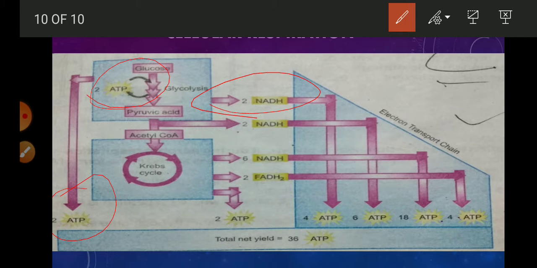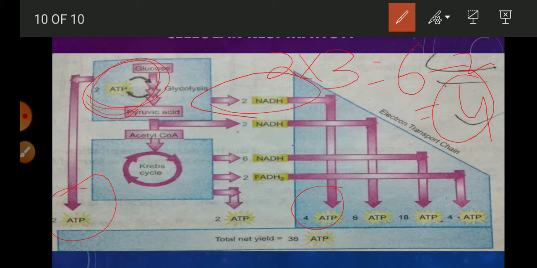So we have 2 NADH2, and 1 NADH gives 3 ATPs, so we'll get 6 ATPs in glycolysis. But as we know that we have utilized 2 here, so that is minus 2, so we'll get 4 ATPs in glycolysis.